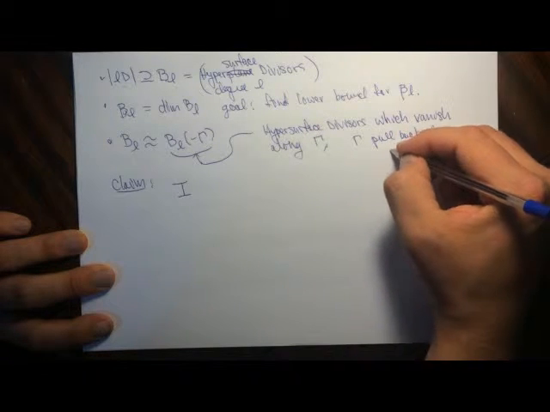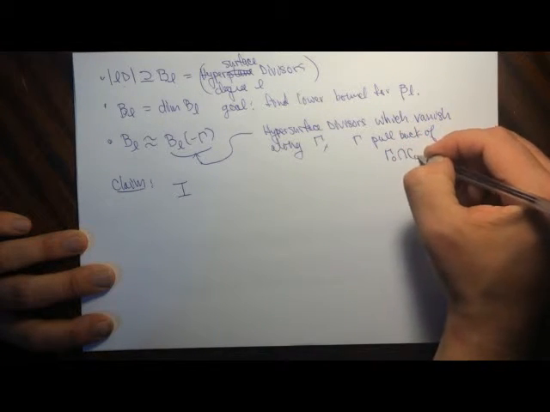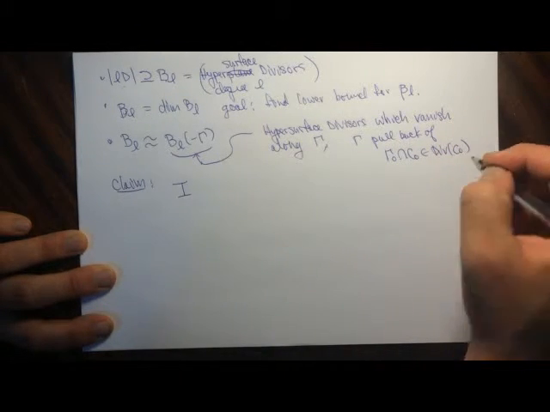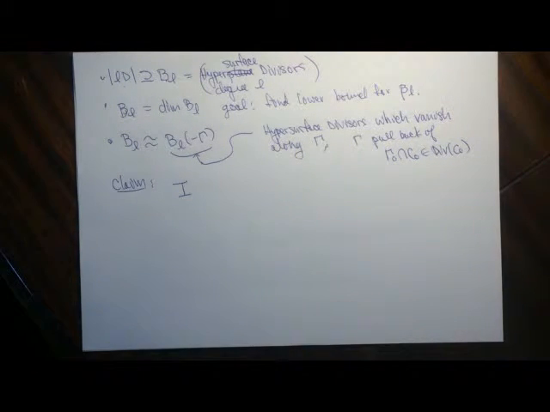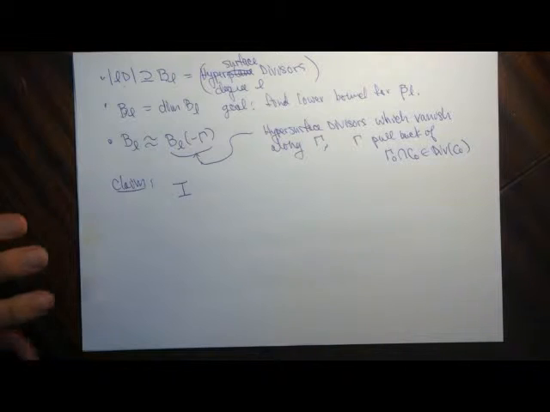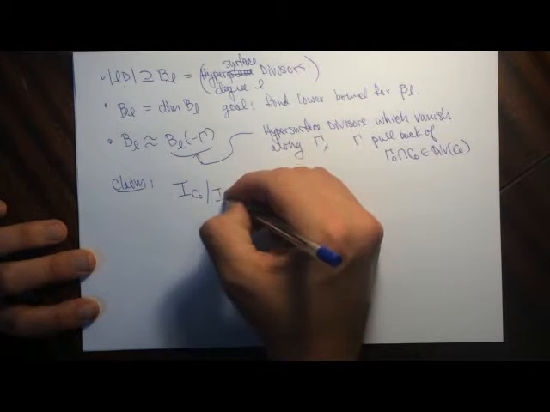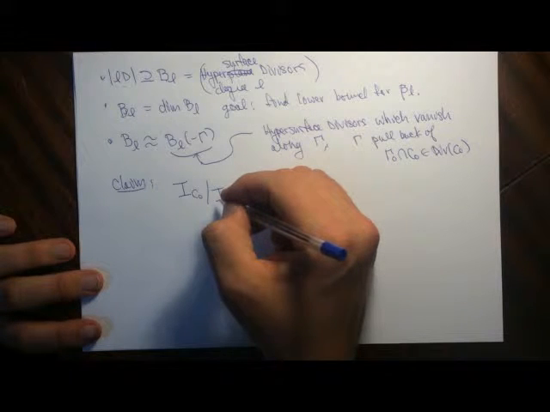Let's say gamma 0 intersects C0, and so this is a divisor on C0. So the idea is that I of C0 minus I of gamma 0... which one's the bigger one?